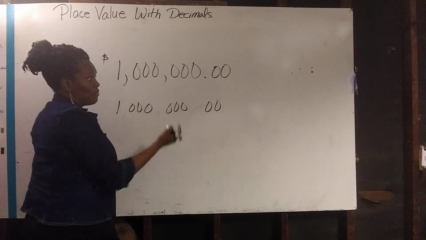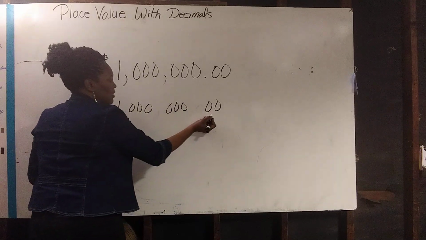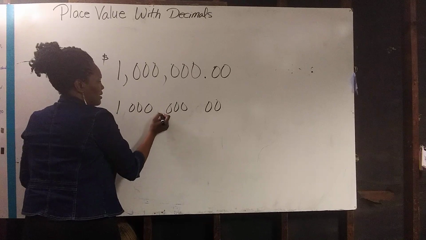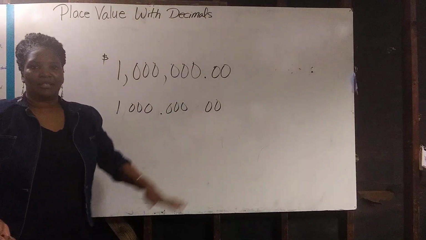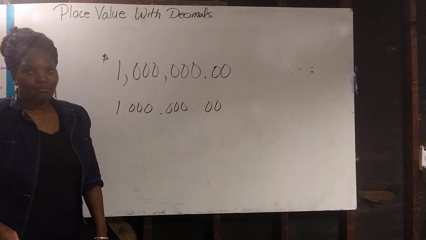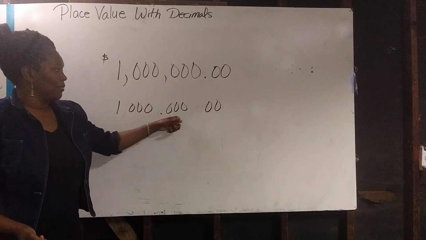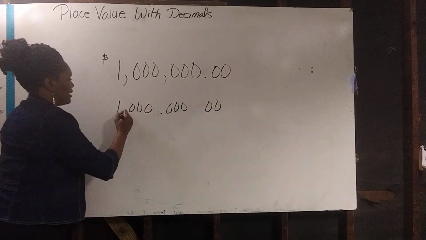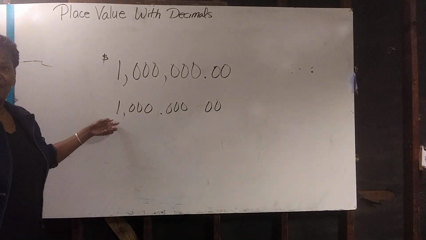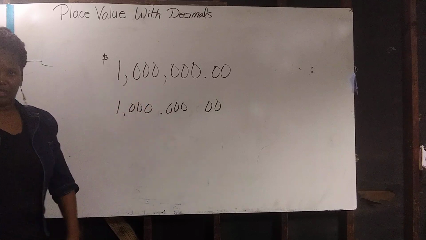And that's supposed to be paying you $1 million. But they move this decimal up right here. And now you got all these numbers behind the decimal. Only the dime and the penny mean something. All the rest of that stuff is just numbers. And then they give you this. They write you a check that looks like this.